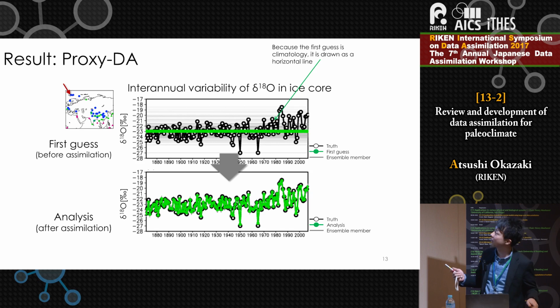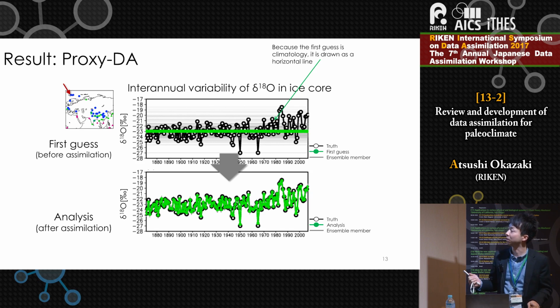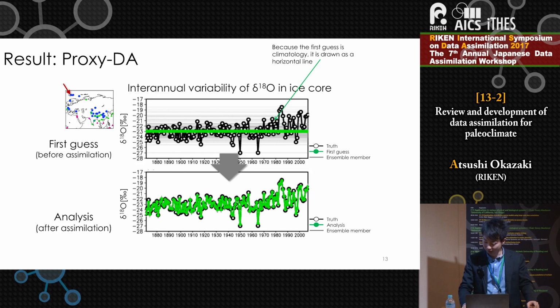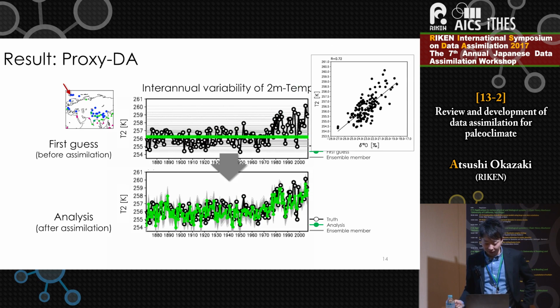As I said, because the first guess is climatology, it is a horizontal line, and the bottom panel shows the analysis. You can see that the analysis closely follows the truth. So I confirmed the assimilation worked well. But it is kind of a matter of course because we assimilated the isotope ratio. What we want to know is how the other variables turn out.